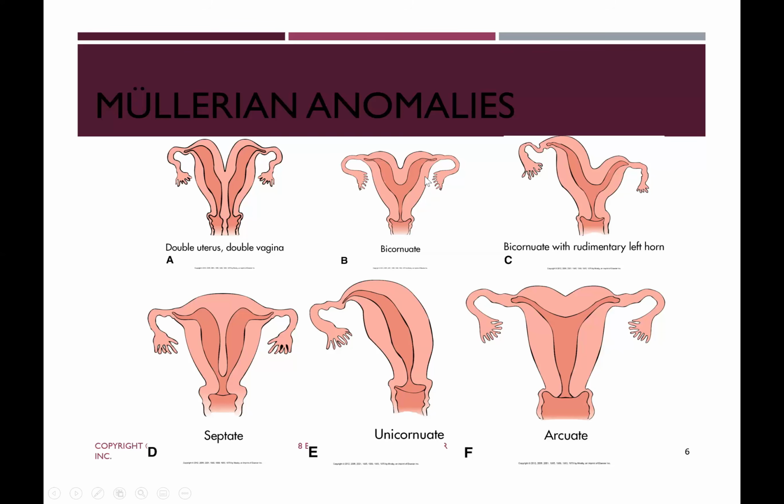So some patients with bicornuate uteruses actually have preterm labor with their babies. You can have a bicornuate uterus with a left horn that is not quite developed as much, but this is not as common.